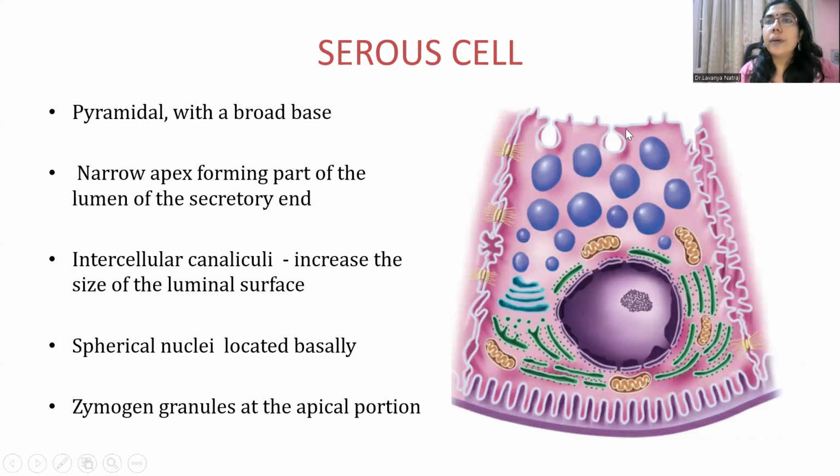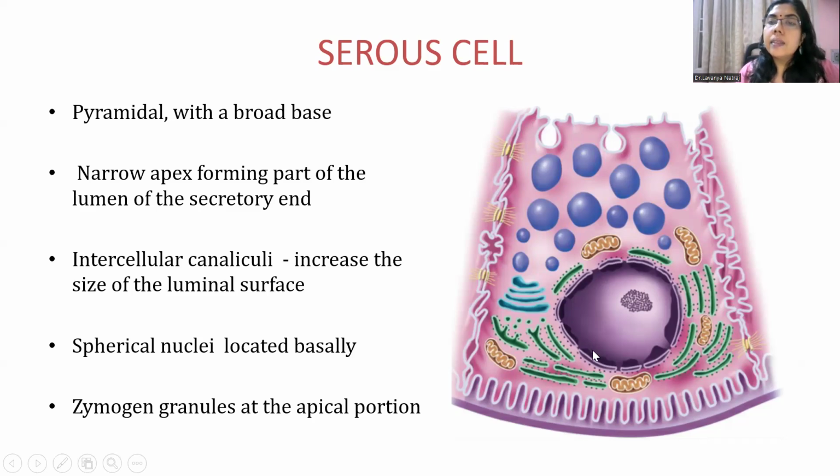The apical portion of the cell will connect with the lumen of the salivary gland. I told you the lumen connects the intercellular canaliculi and then the intercalated duct. So the intercellular canaliculi increase the size of the luminal surface. So here is the lumen. The topmost portion will have the luminal surface, and they have intercellular canaliculi that increase the luminal surface.